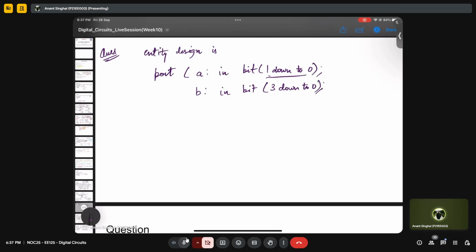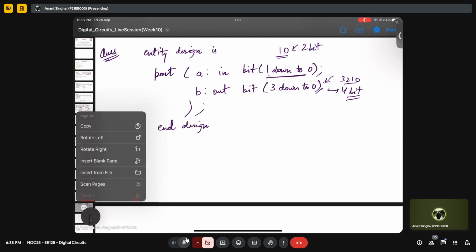So 1 down to 0 means 1 and 0, that is 2 bits. 3 down to 0 means 3, 2, 1, 0, that is 4 bits. Sorry, A is input and B is output. So this is the port definition, and we have end design.